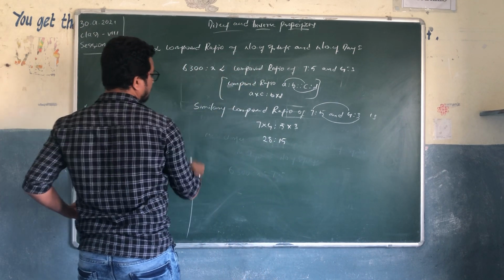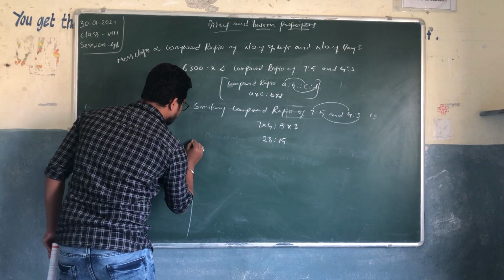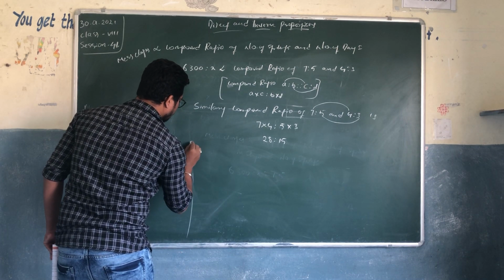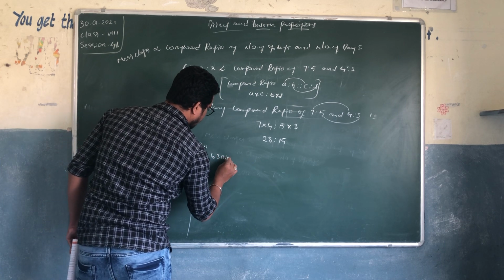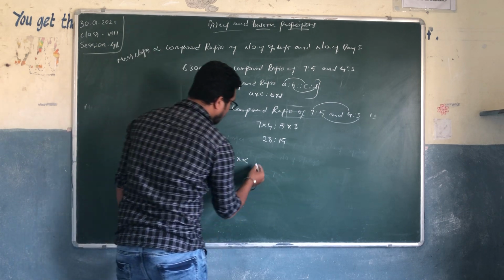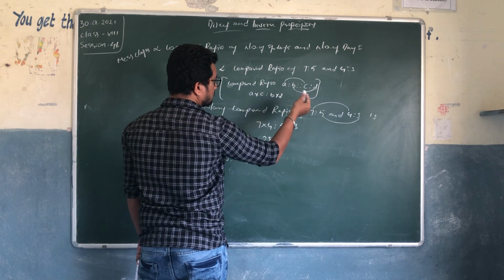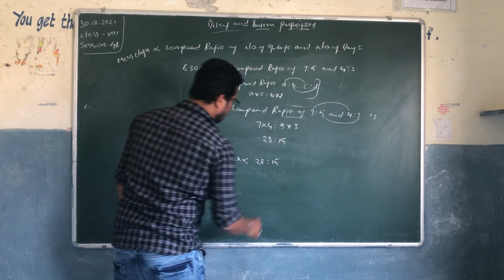And we said it is directly proportional. So now 6,300 is to x is directly proportional to the compound ratio of 7:5 and 4:3, which is 28 is to 15.